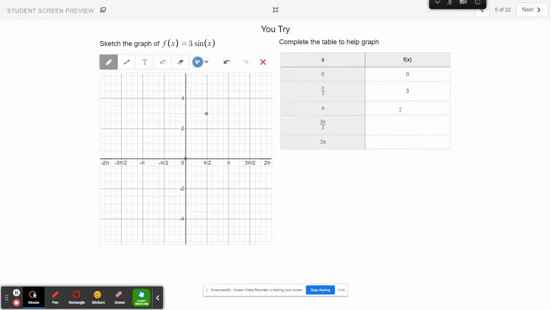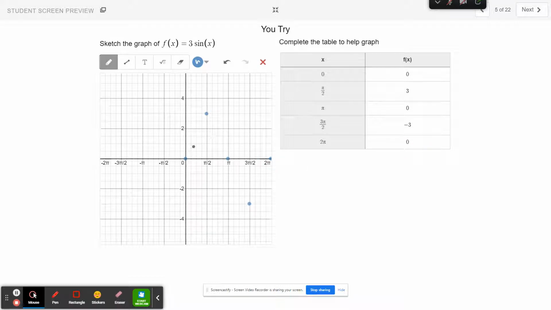Sine of pi is 0. 0 times 3 is 0. So pi will be 0. 3 pi halves: sine of 3 pi halves is negative 1. Again, I'm just using the unit circle to find that. Then 3 times negative 1 is negative 3, so that's down here. And sine of 2 pi is the same as sine of 0. That's 0. 0 times 3 is 0.